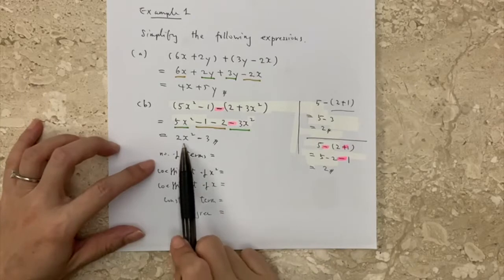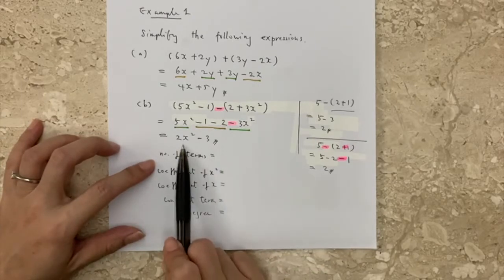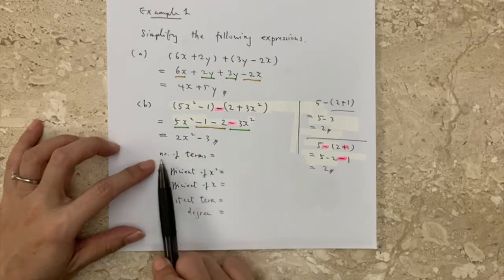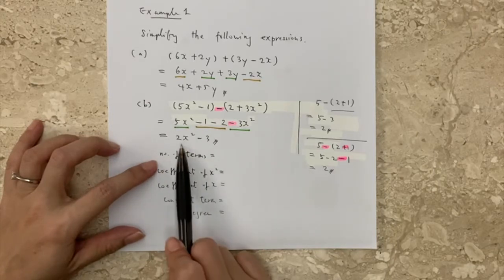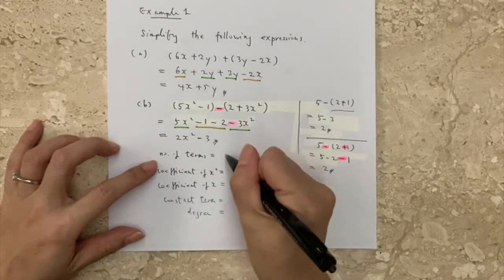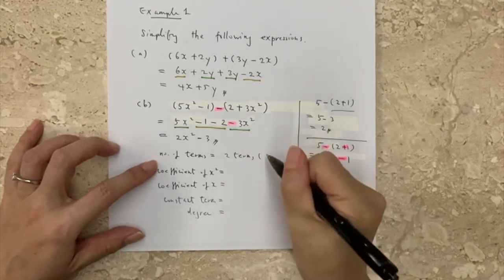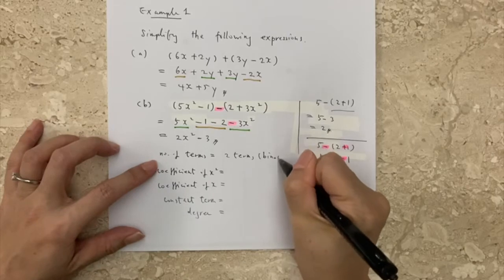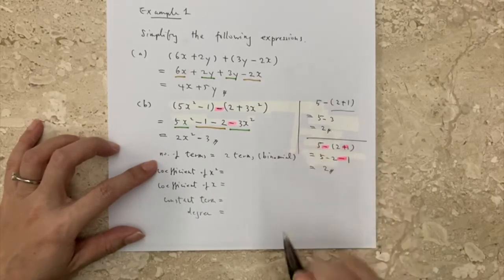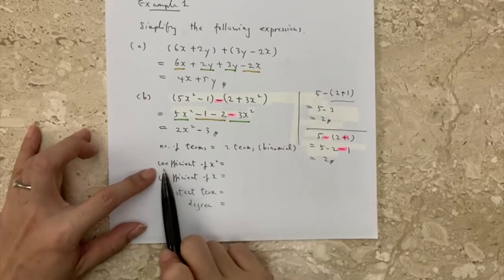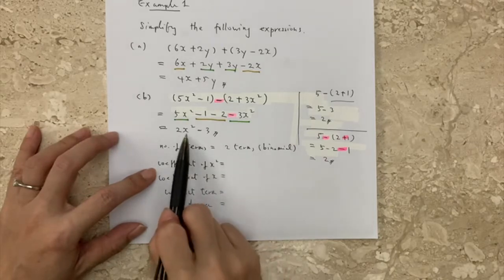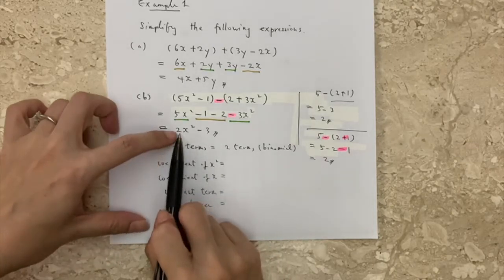Before we move on to another example, let us do some revision again. The answer is 2x squared minus 3. So what is the number of terms in this polynomial? Which is 2 terms, and then we also call that binomial. Okay, and now the coefficient of x squared. This is x squared, so the coefficient of x squared is 2.